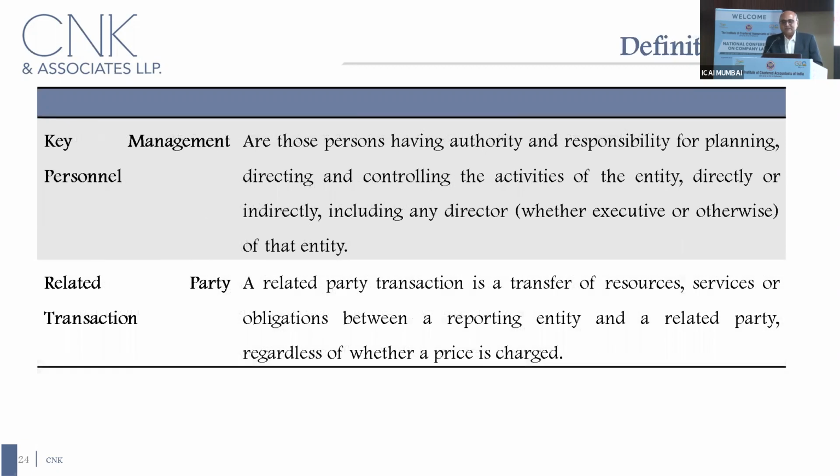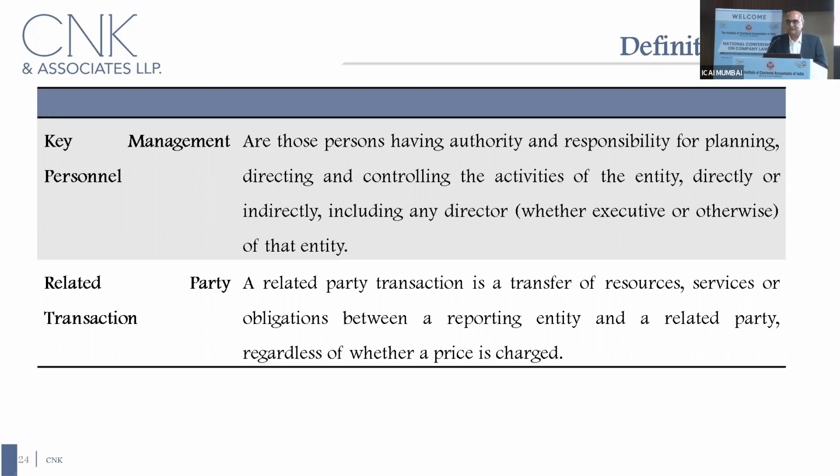Key management personnel are all persons having authority and responsibility to plan, direct, and control the activities of the entity, directly or indirectly, including any director, whether executive or otherwise, of that entity. This definition initially gave rise to a lot of debate about whether independent directors will also become KMP and whether they would become related parties. The answer is yes, they do become KMP, because it says including any director, whether executive or otherwise.